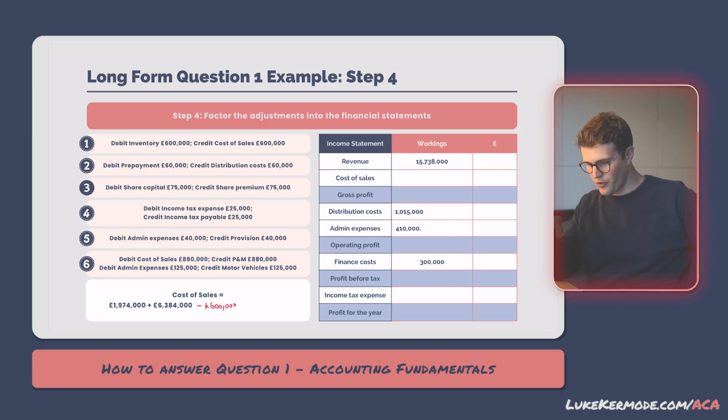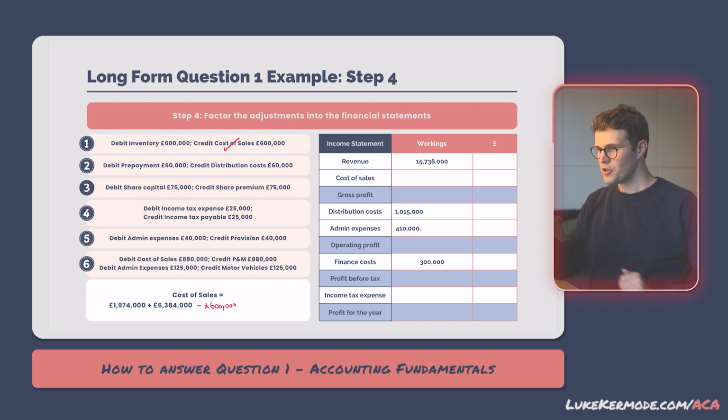So in the cost of sales formula, we now have opening inventory of 1,974,000 plus purchases of 6,384,000 less closing inventory of 600,000. And because we've processed that credit entry, that credit cost of sales, we can tick it off.